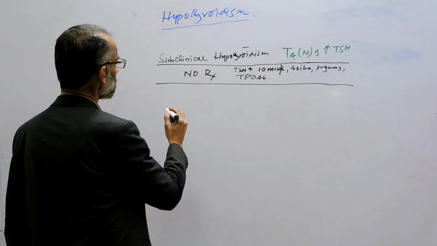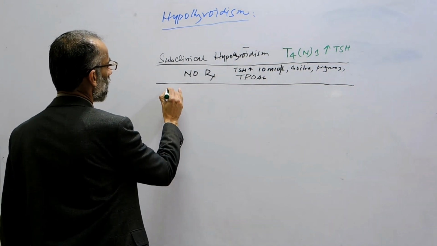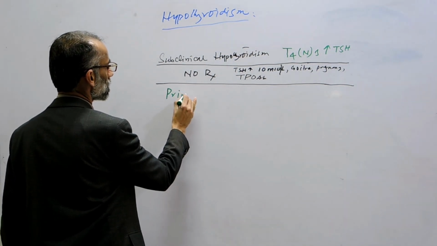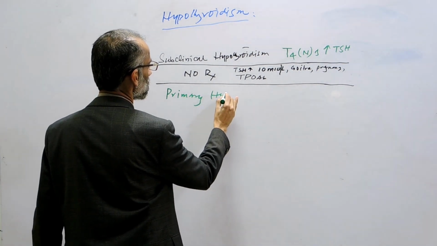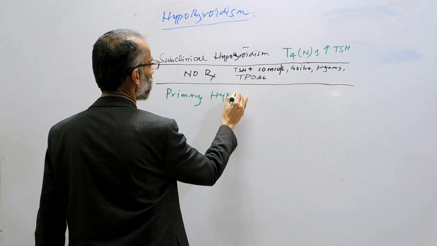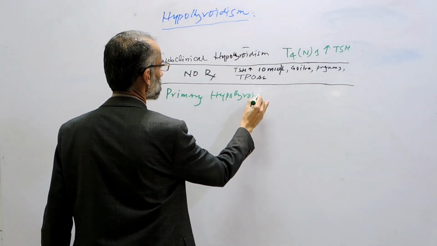The second type of hypothyroidism is primary hypothyroidism.